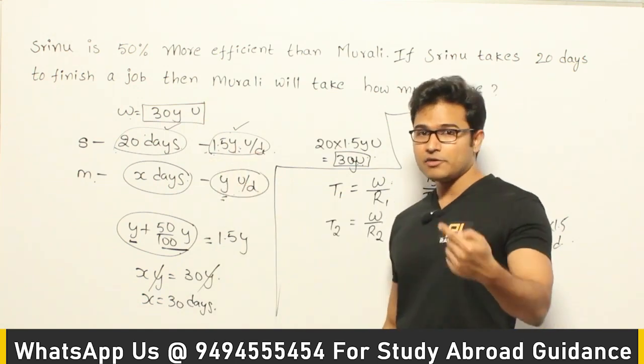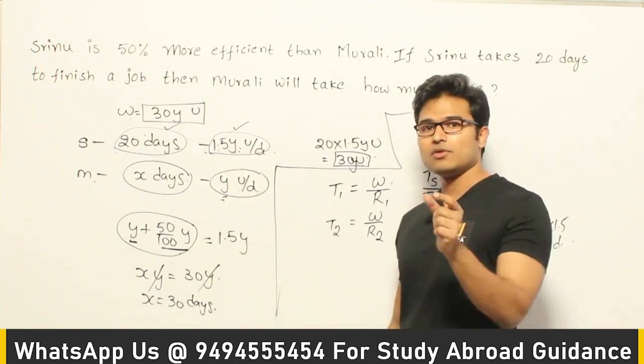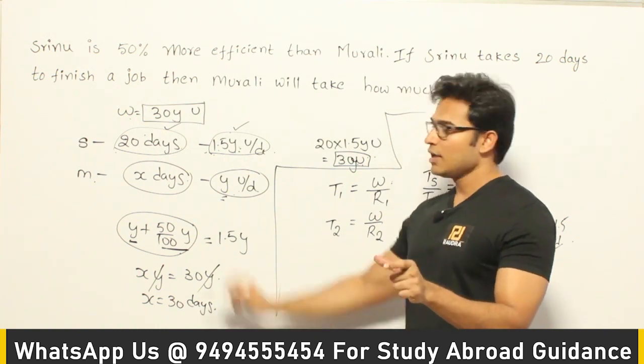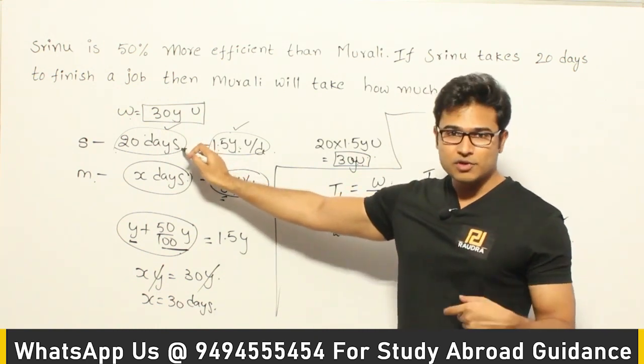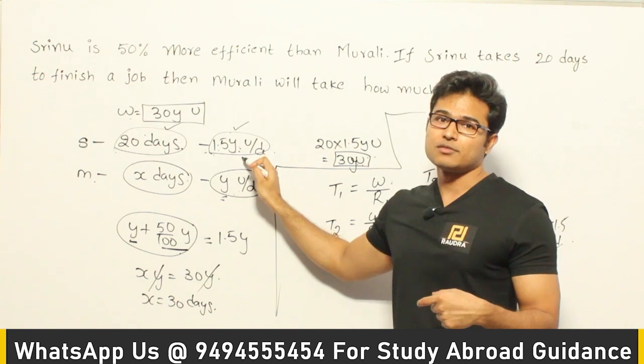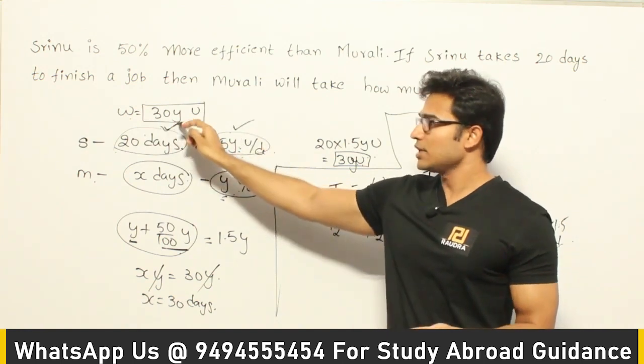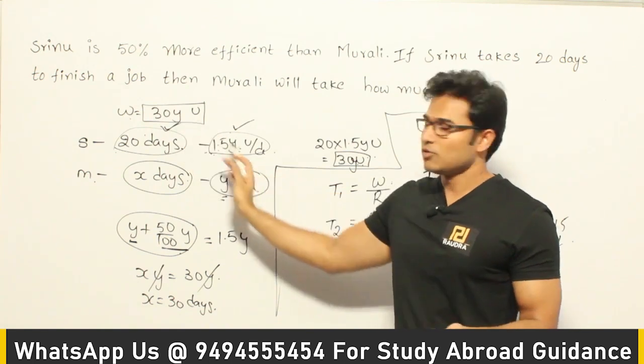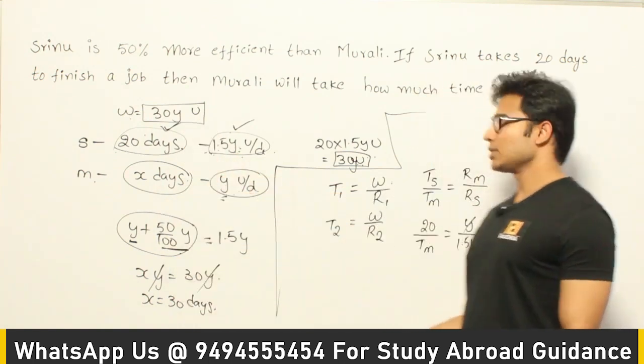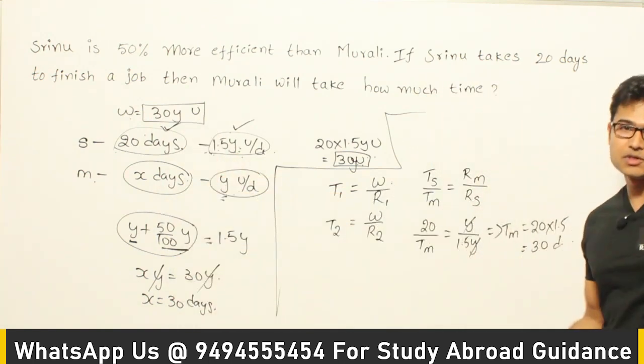If you are trying to apply it that way, you are actually assuming that the number of days required to finish a project is directly proportional to the speed, but it is inversely proportional. The faster you are, the less time it will take, isn't it? Therefore speed and time will be inversely proportional. If you can observe this, you can finish it this way.